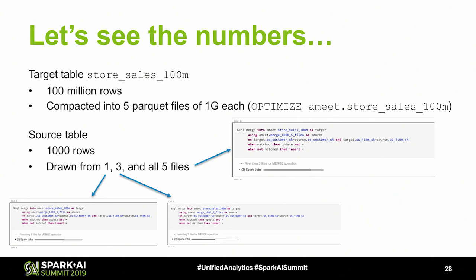And in each case, I touch a varying number of files, right? So in the bottom left case, I'm running 1,000 rows. And in all 3 cases, it's merging 1,000 rows into 100 million rows. But the bottom left case, as you can see, it tells you how many files are being touched. It's touching 1 file, 1 out of 5. In the middle case, I'm touching 3 out of 5 files. And in this case, I'm touching all 5 of those files, 100% of the data.